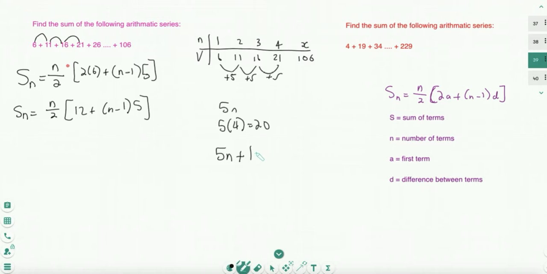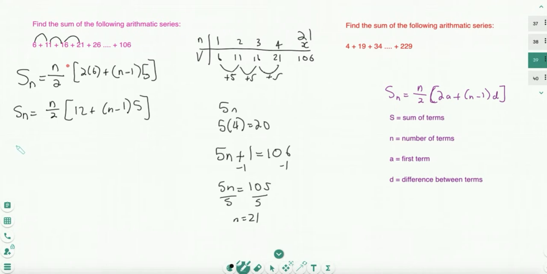So I'm going to set my equation equal to 106 and solve for n. So 5n, well, minus 1 on both sides. So 5n equals 105. And divide both sides by 5. n is equal to 21. So 106 is the 21st term in the sequence. And if it's the final term, therefore, there are 21 numbers in this sequence, all right?